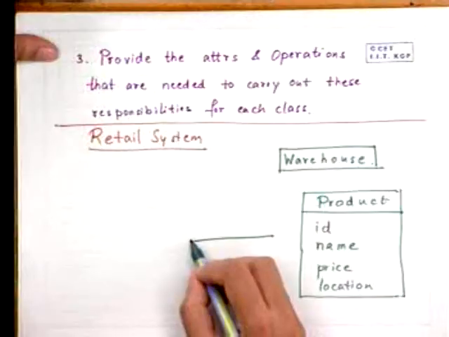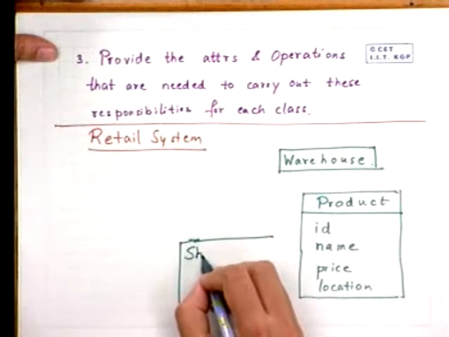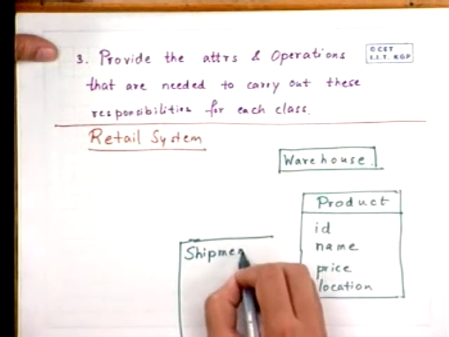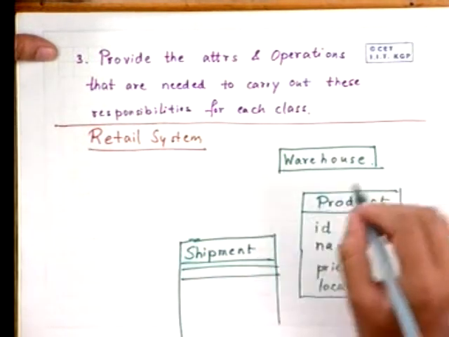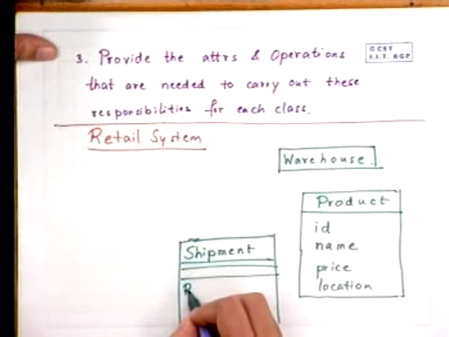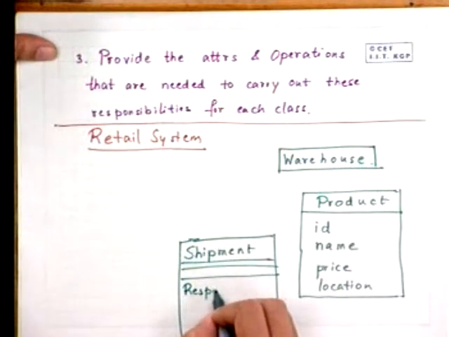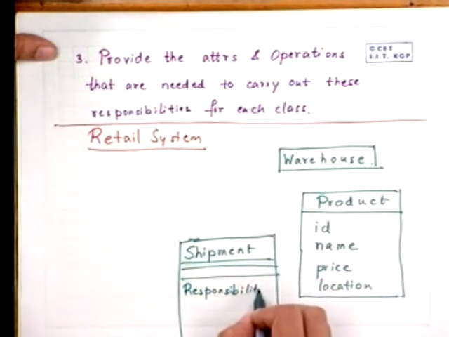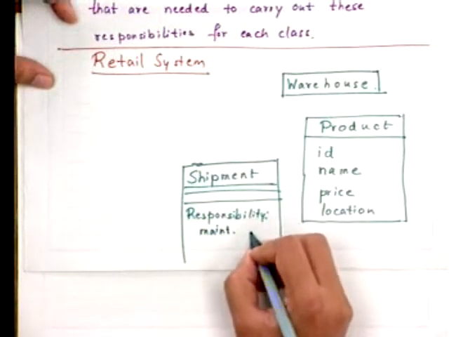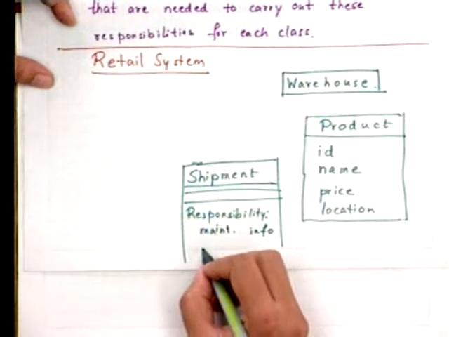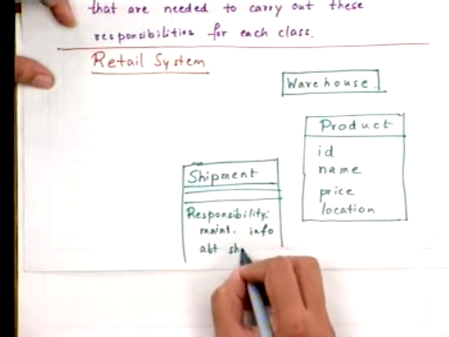Then we have the object called shipment, which has some attributes and operations, and the responsibility of this object is to maintain information regarding the product shipped.